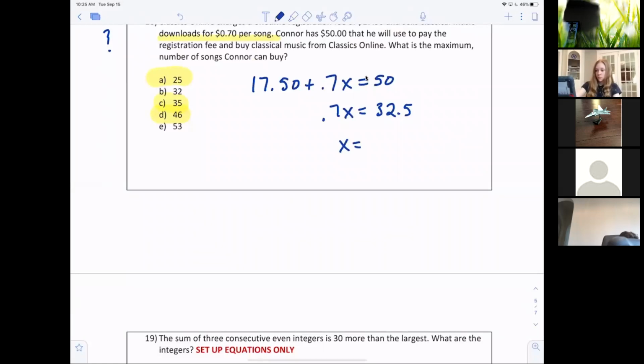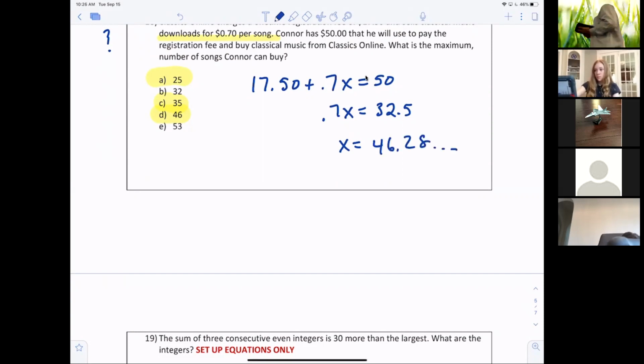So x is equal to... no, it's not. I was wrong. 32.5 divided by 0.7, what's that? Someone tell me. 46.28 and so on, correct?